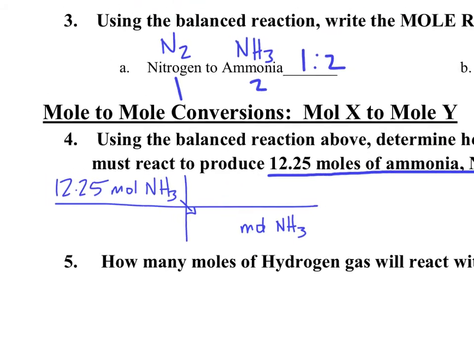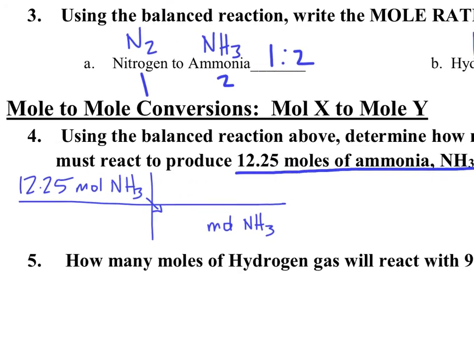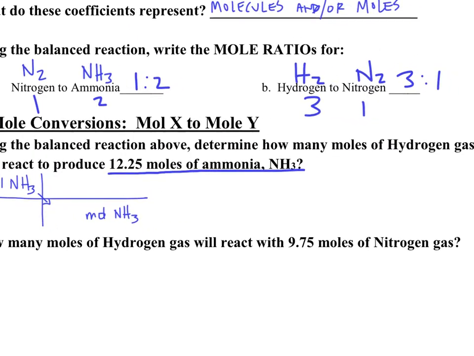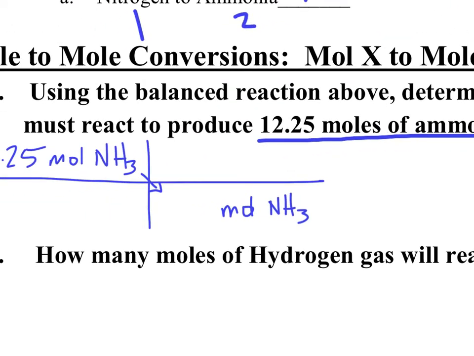Now, I want to go from moles of ammonia to moles of hydrogen gas. So this was given to me. This is unknown. Okay? So for this, I'm going to write what I want to convert to. Moles of hydrogen gas, H2.